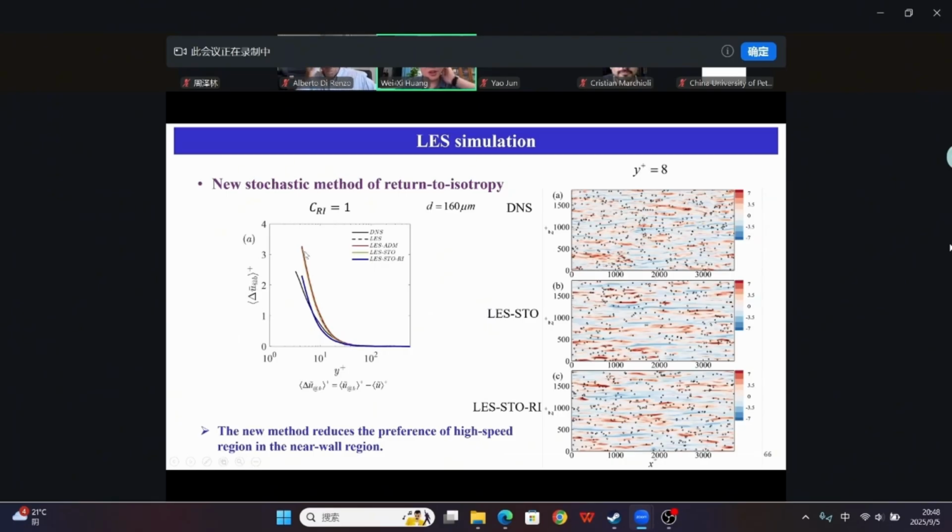Due to the preferential concentration, these models over predict the velocity. But because the new model reduces this kind of anisotropy, it is much improved compared with the DNS data. It means that by using this model, these bubbles are more scattered, not focused on the high-speed region. For the instantaneous field it's not so clear, but for the statistical results we can see this kind of effect.